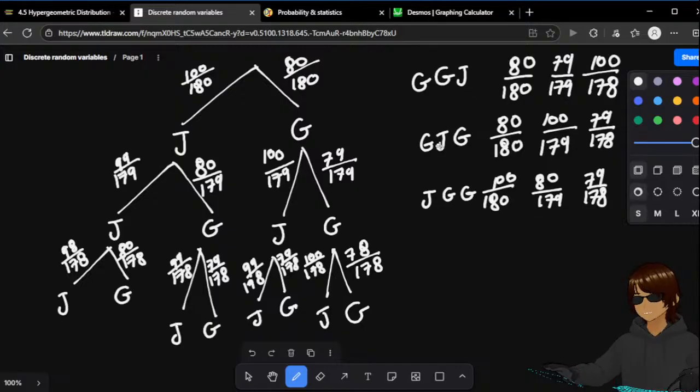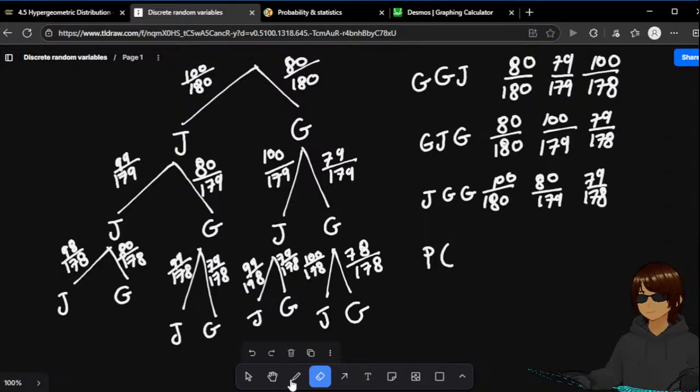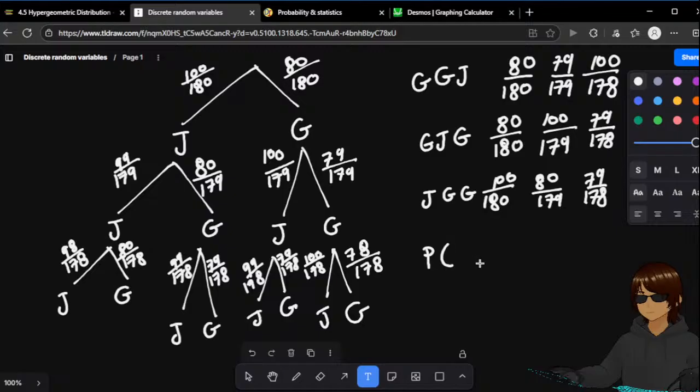If I'm asking for one success in the group of interest, let's say jelly, what is the probability of 1 jelly in 3 candies?